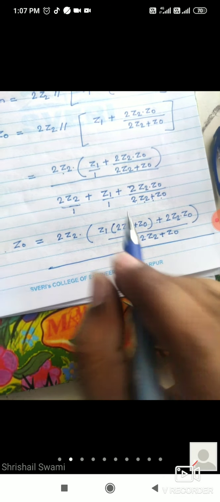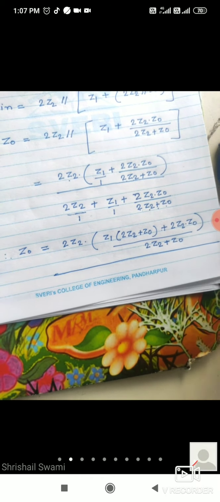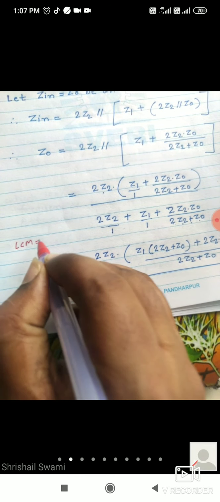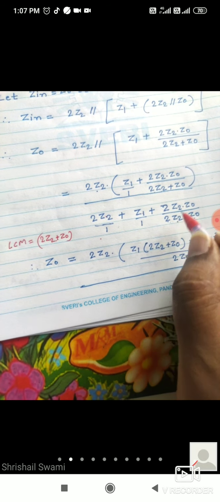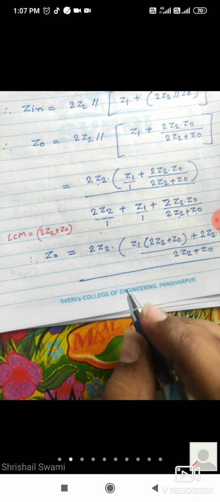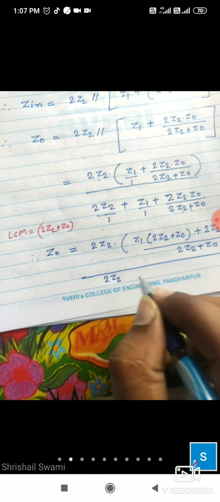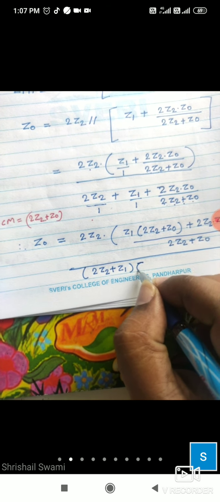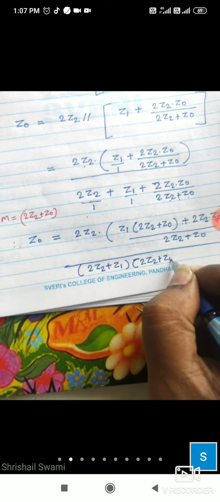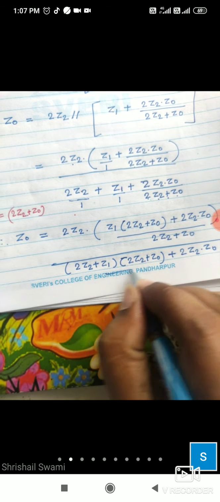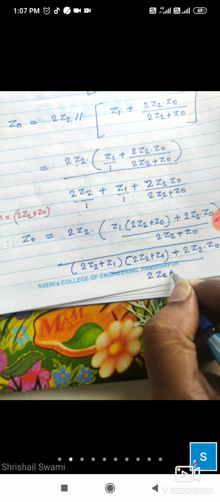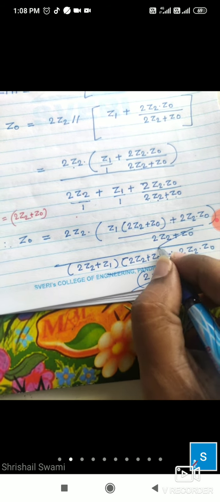Divided by this we take the LCM, which is 2z2 plus z0. So this gets multiplied, this gets multiplied, and here it becomes 1. So you can take 2z2 plus z1 combined, because it is the product of both. In bracket 2z2 plus z0, and this is as it is, plus 2z2 into z0 divided by 2z2 plus z0. So this and this cancel.